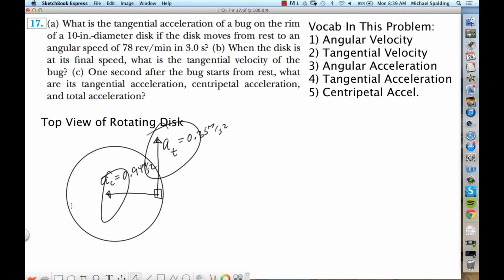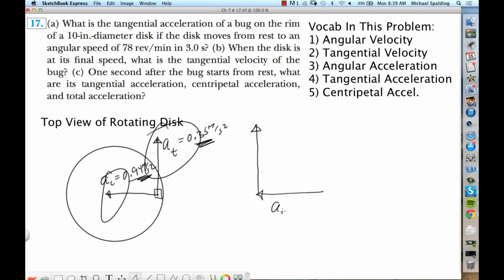But to get the total acceleration, can we just go, okay, 0.35 plus 0.94, just add those together? Because they point in different directions, right? This is a vector problem. How do you add vectors together? Tip to tail.